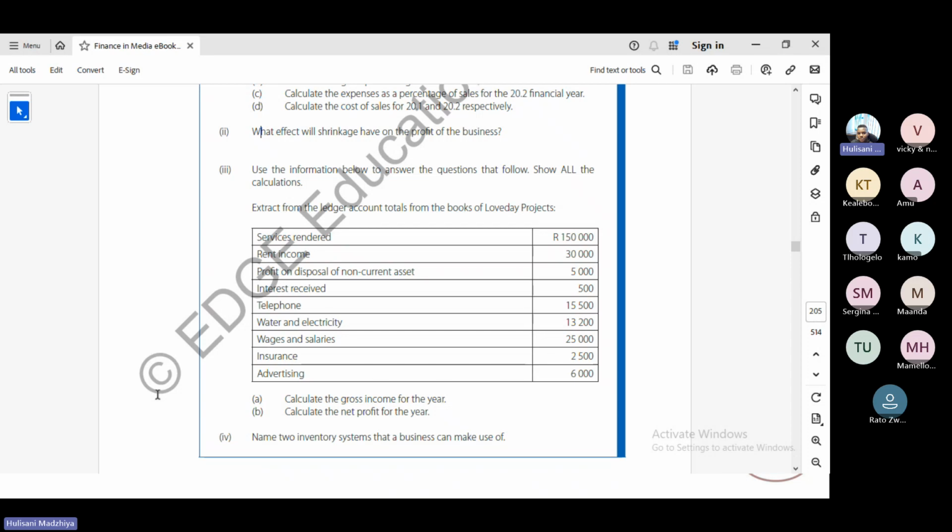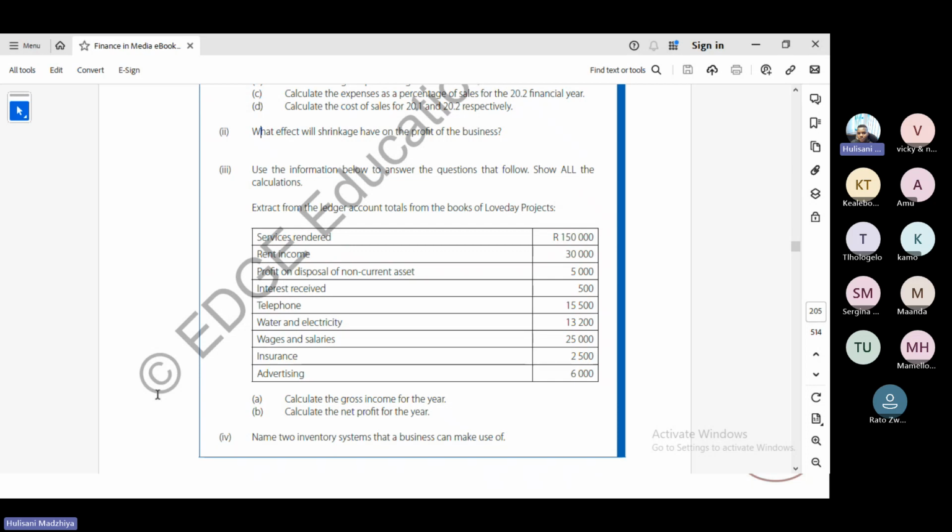I'll just explain to you guys why, because I know this one is going to be complicated. This information did not give you anything in terms of services rendered cost. If you do not have services rendered cost, you will not be able to say services rendered minus services rendered cost and get your gross income. So this is what makes this a bit challenging.